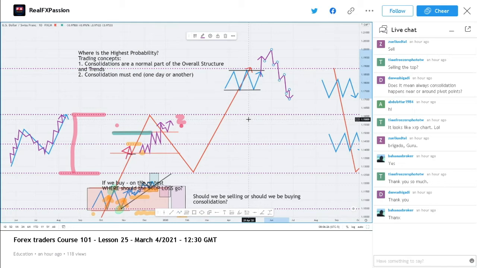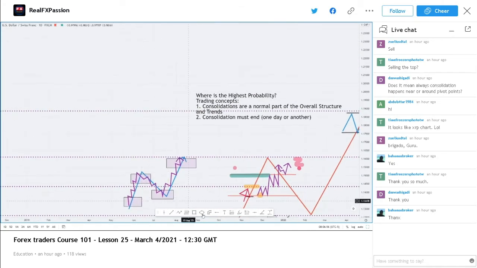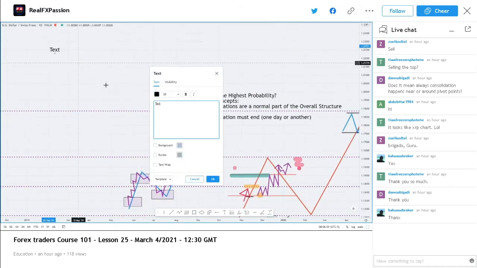So this is the lesson today, everybody. Before going short or long on consolidation, as a beginner trader, you need to understand and especially see where you are. Make sense? Because every level inside the market structure is different. So it's not a rule, but it's a trading concept.